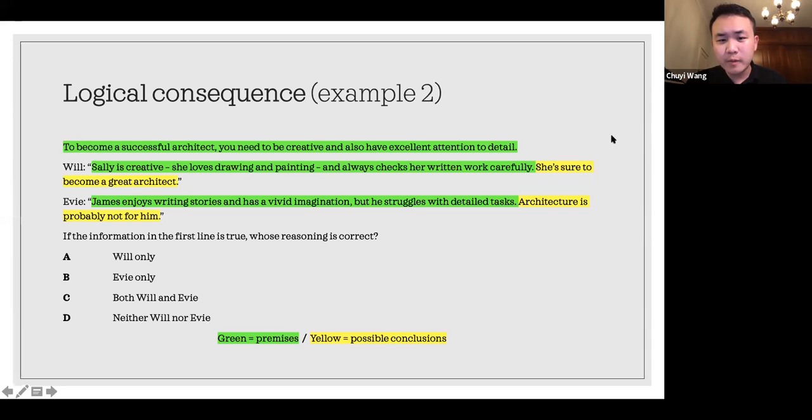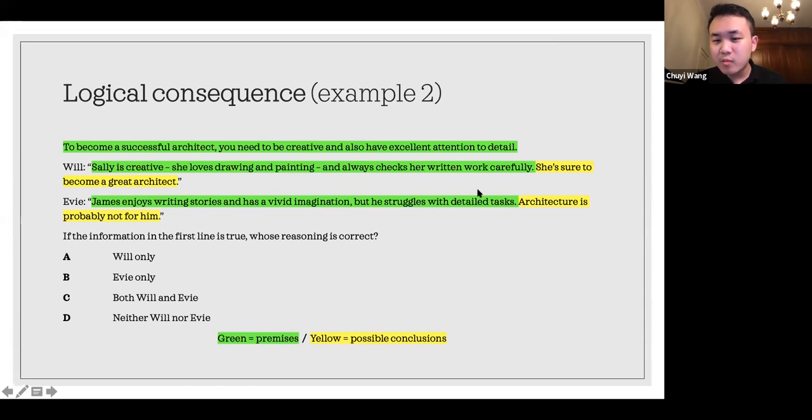Now let's look at the second one. James enjoys writing stories and has a vivid imagination, but he struggles with detailed tasks. Architecture is probably not for him. Now this one seems more correct, because writing stories and having a vivid imagination means creative. Okay, those are basically synonyms.